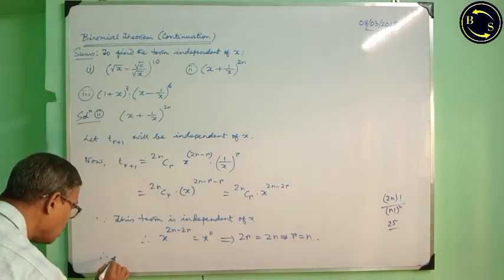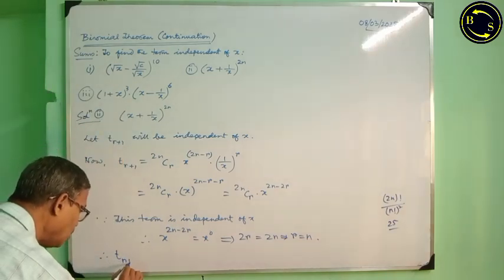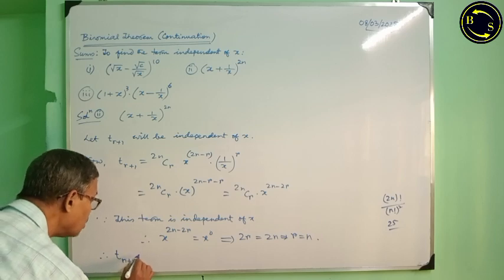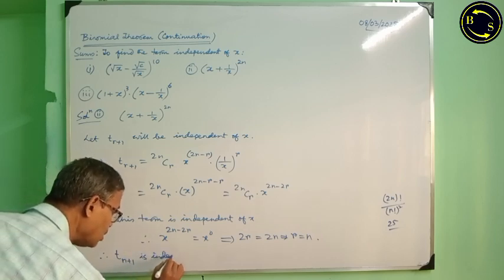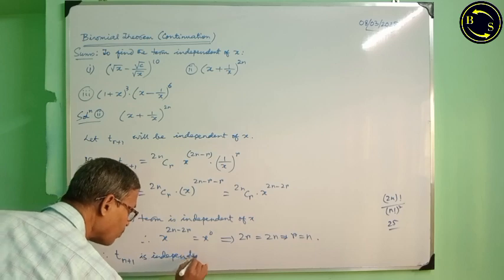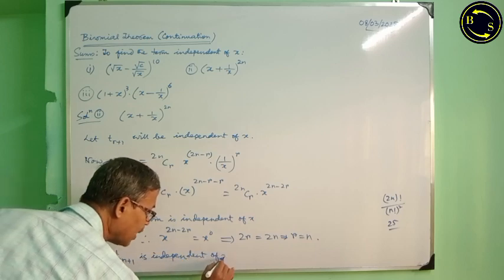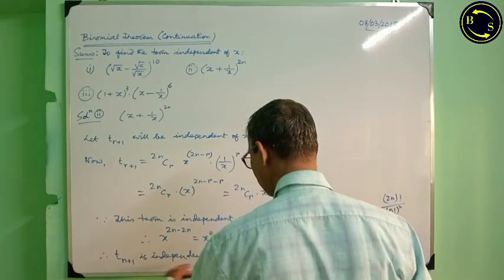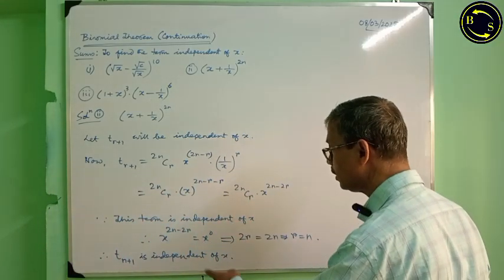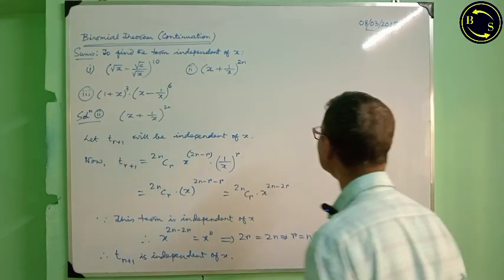Therefore t n plus 1 is independent of x. First we find which term is independent of x, that is the n plus 1th term.